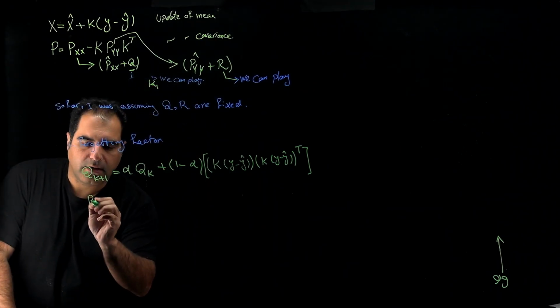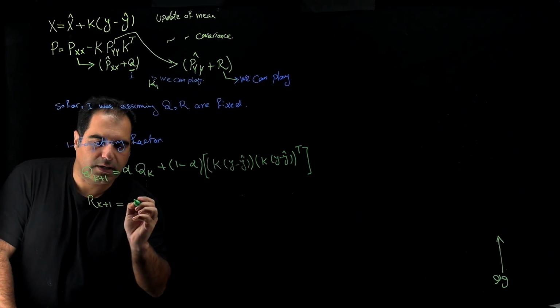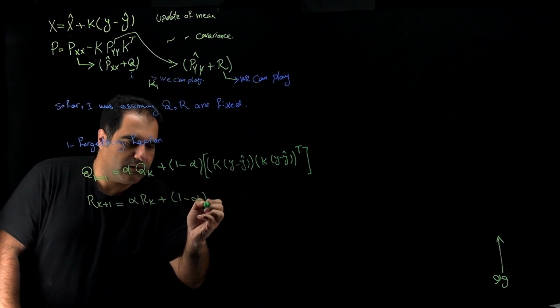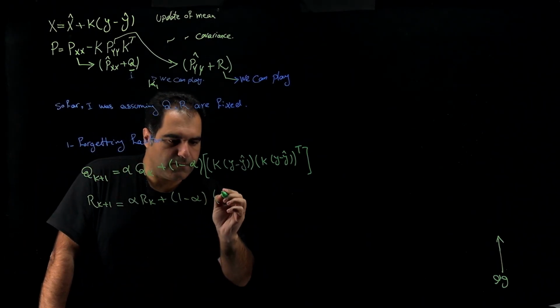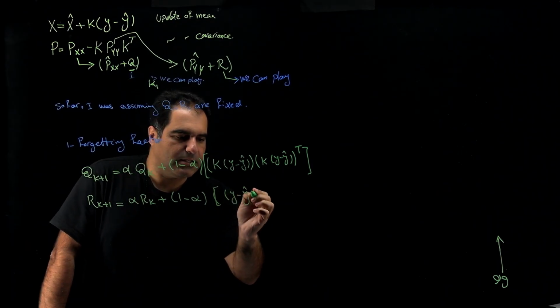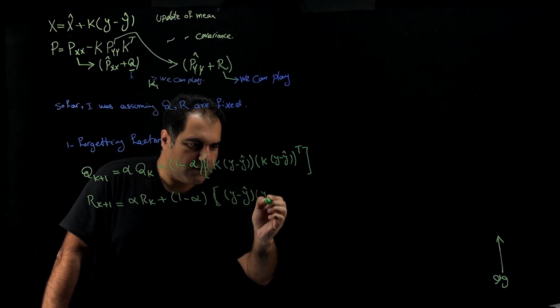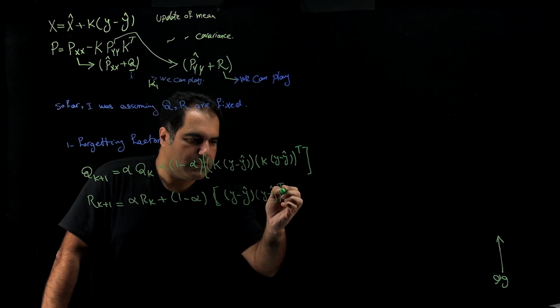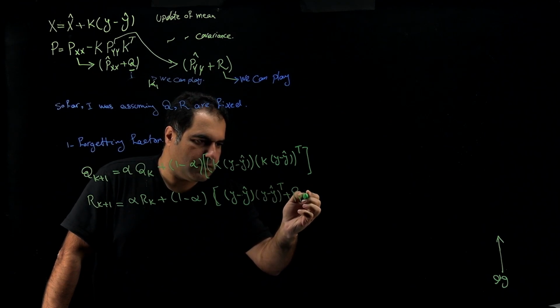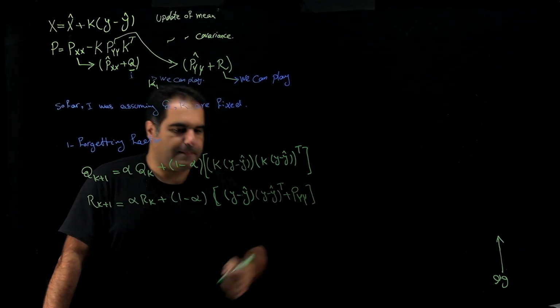And R at k plus 1 is alpha R_k plus (1 minus alpha) times (y minus y hat) in each iteration, (y minus y hat) transpose plus P_yy.